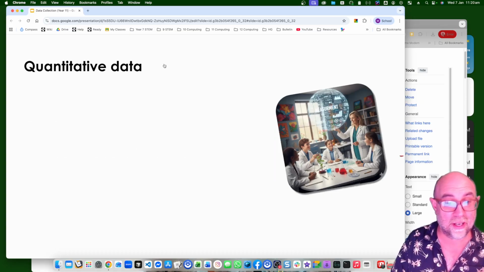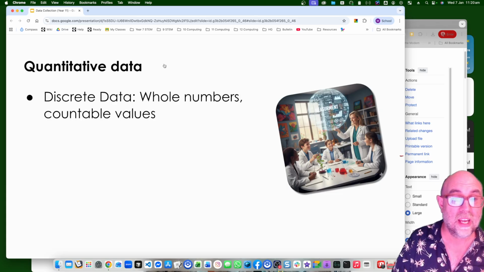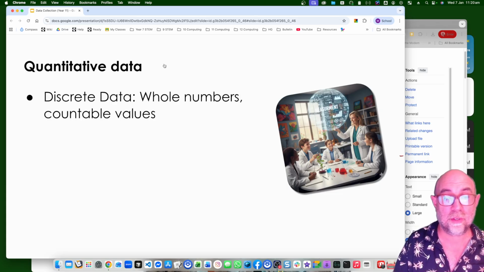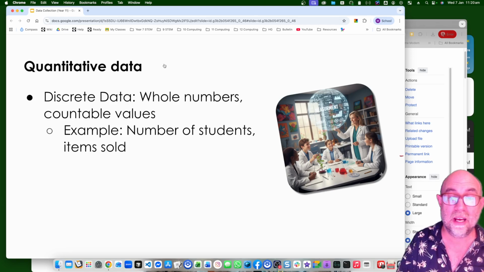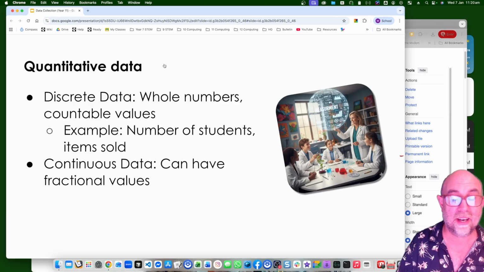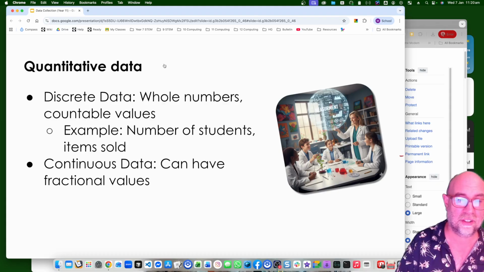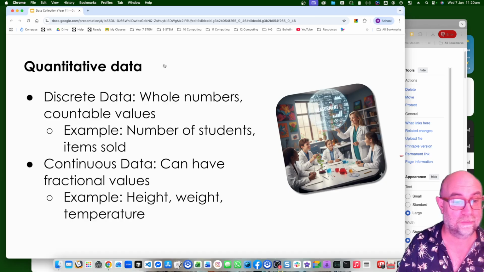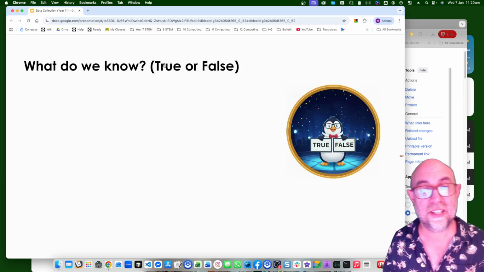It allows for mathematical operations. You have discrete data, which is whole numbers and countable values, such as the number of students or the items sold, and you have continuous data, which can have fractional values. This is a bit of an arbitrary distinction, but one's likely to be an integer and the other's likely to be a float. So let's test what we know.